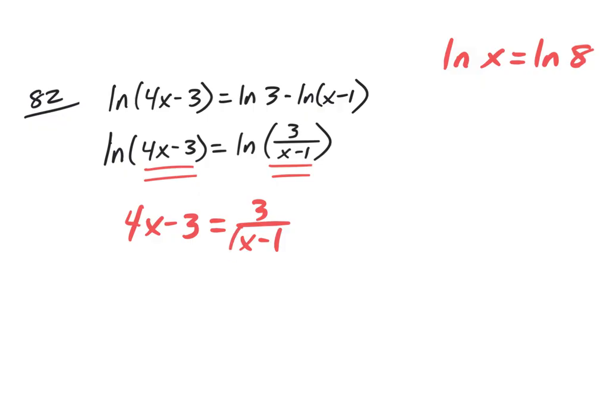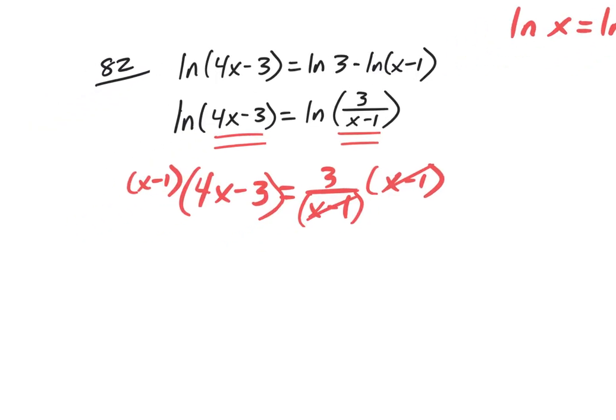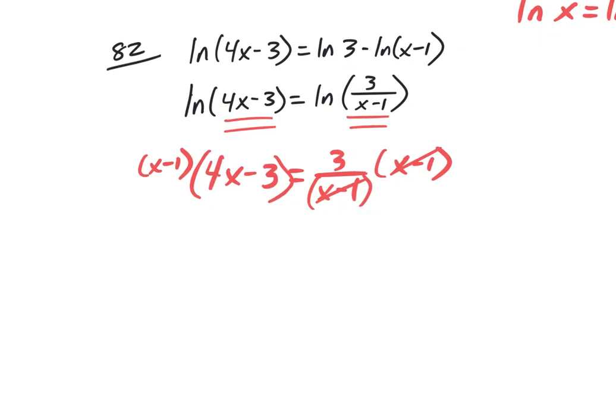And right now my denominator is x minus 1. But whatever I do to one side, I got to do to the other side. So on the right-hand side, that makes the x minus 1s disappear. All I have is 3 that's left, because the x minus 1s disappear.